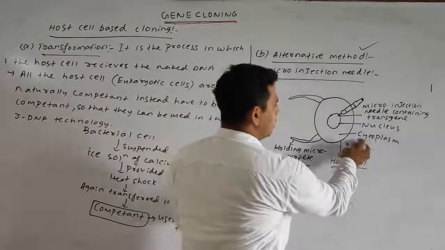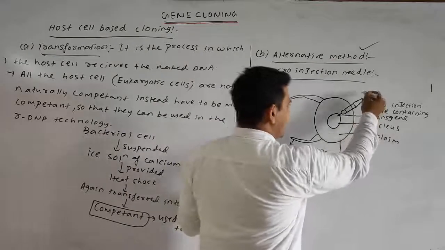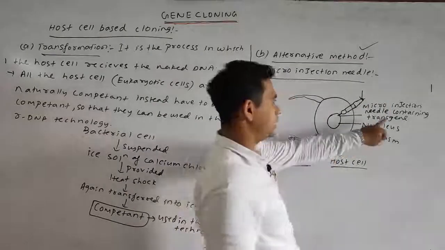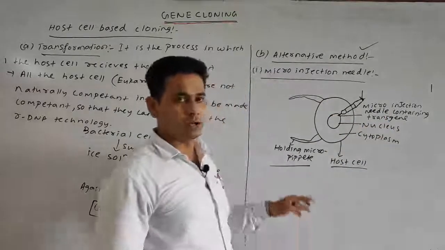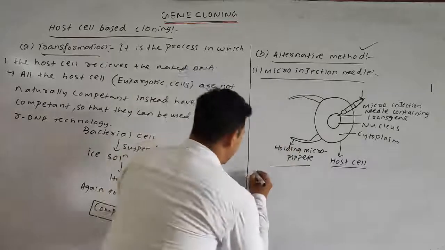This one is the cytoplasm, this one is the nucleus. So directly the microinjection needle which contains the transgene is injected into the host cell, and this is known as transfection.